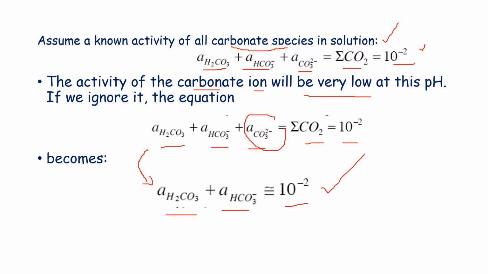Well, for all practical purposes, since you have ignored the presence of the carbonates, this is more or less going to hold true. You can actually calculate it out and see that for yourself, that you will get a number which is very, very close to this.